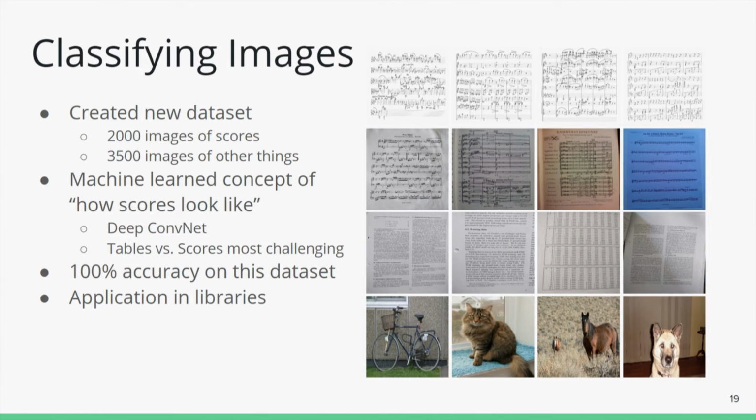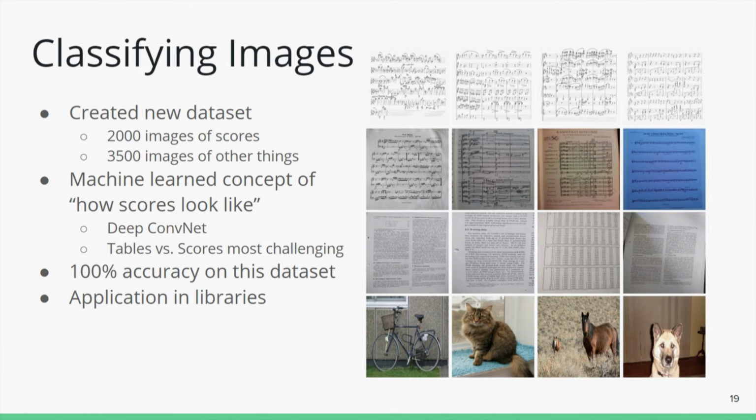And at first I thought, okay, well, that's really too simple. Then I figured out there are some confusions with tables that look similar, but it was easy enough because I just added more samples of tables into the category of other things to provide more negative examples. And then the network was able to do this really well. So I thought it was too simple and probably no one's going to use it.